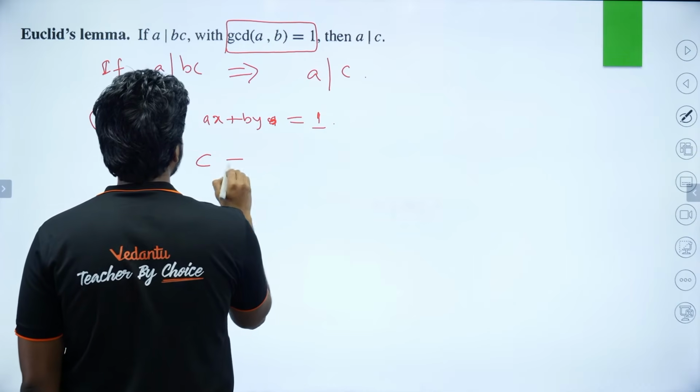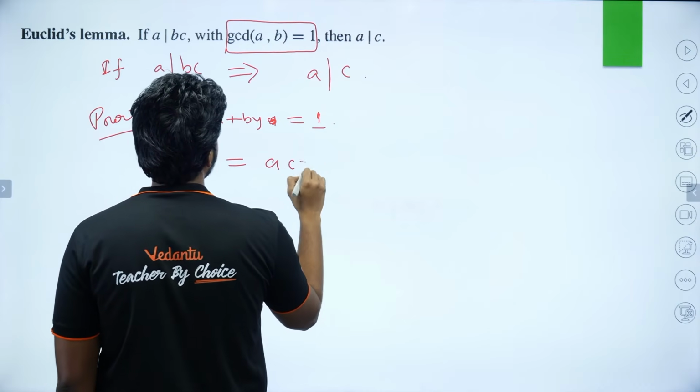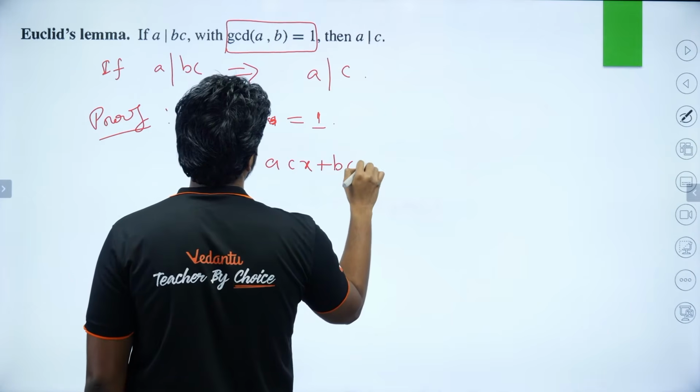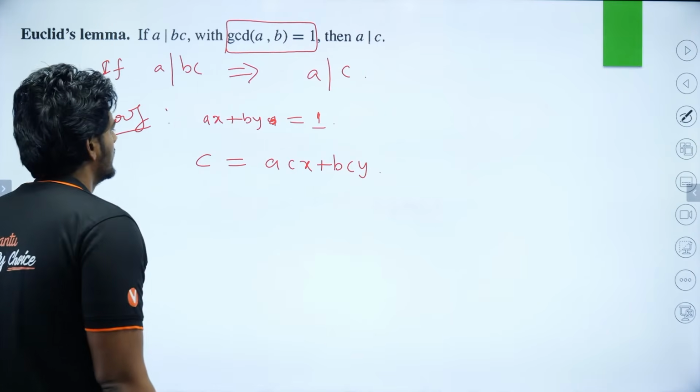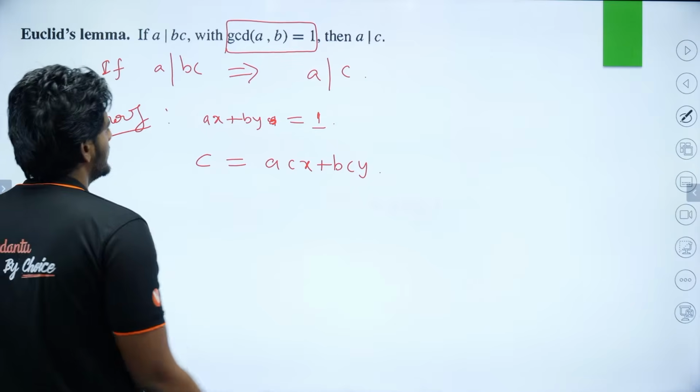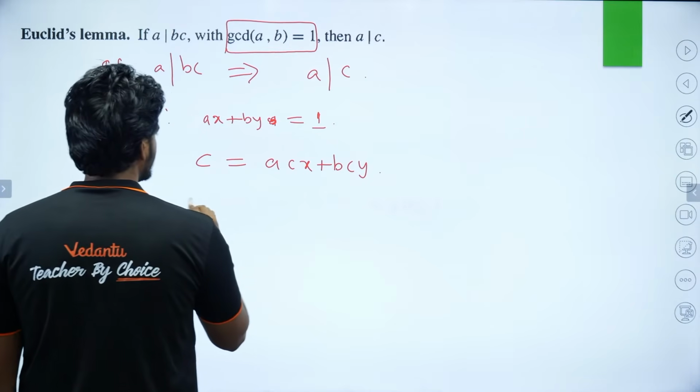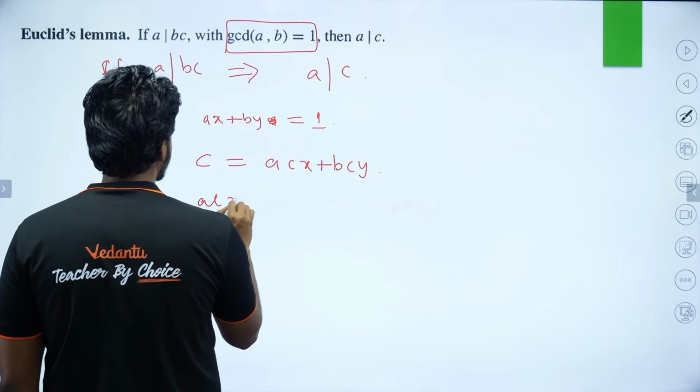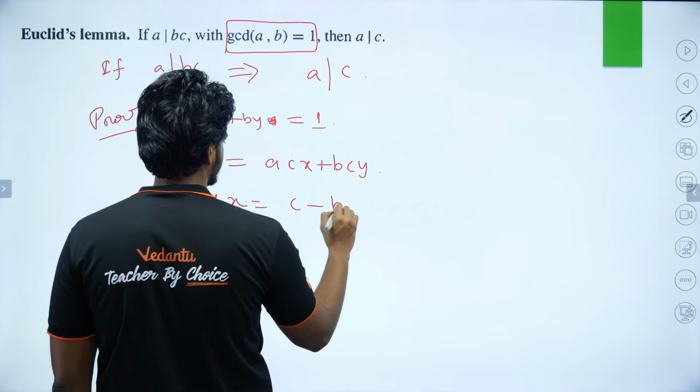So C will be equal to ACX plus BCY. Now I want you to see that ACX can be written as C minus BCY.